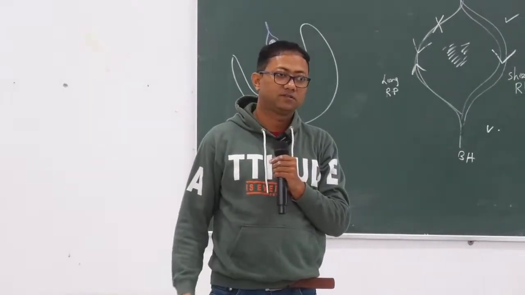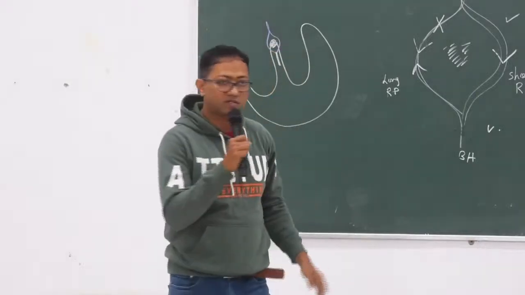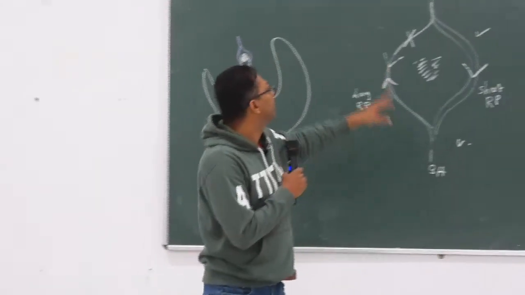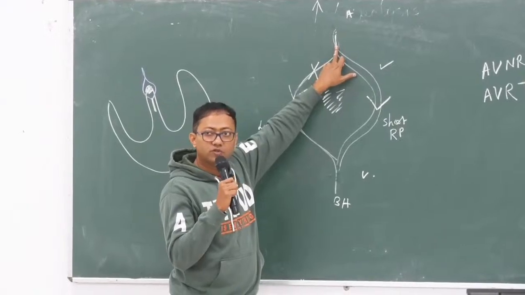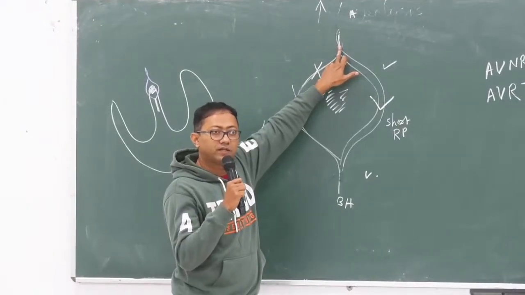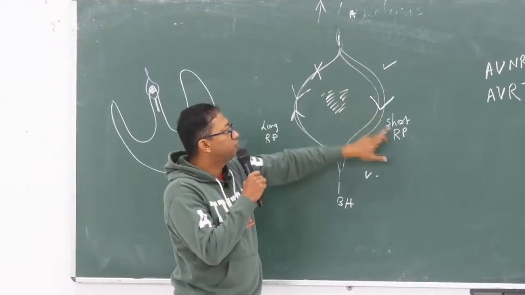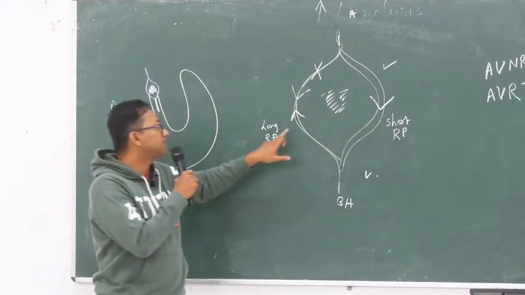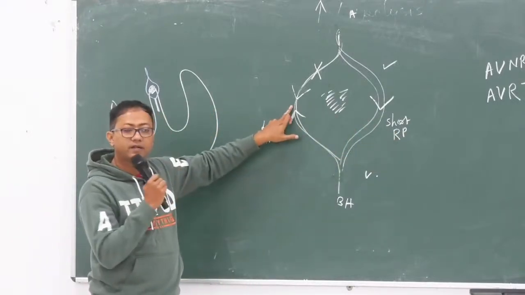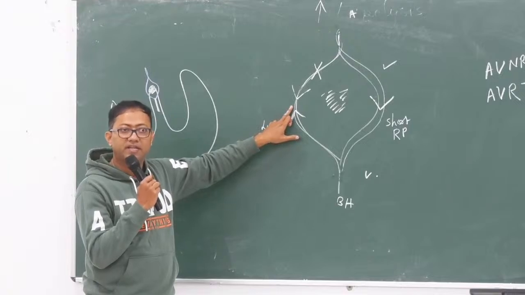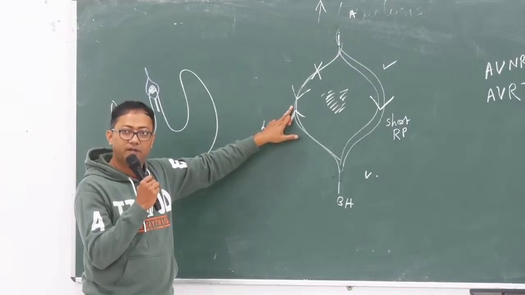Getting my point? When the action potential was coming from the atria to the ventricle, it finds two pathways at the top part of the AV node. One has a short refractory period and another has a long refractory period. But the long refractory period pathway is not accepting any impulse because it is in its refractory period.